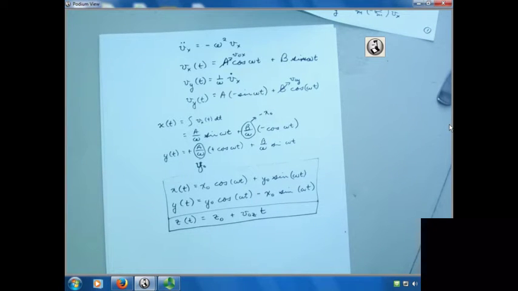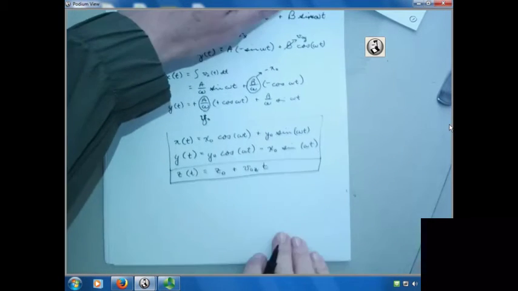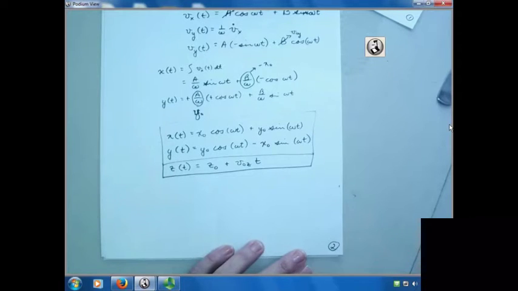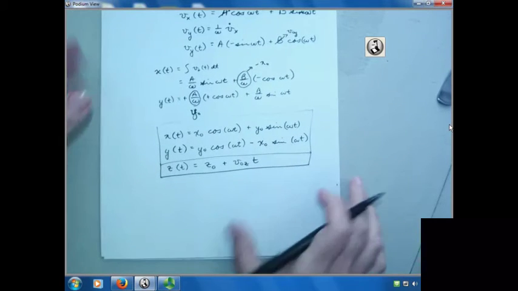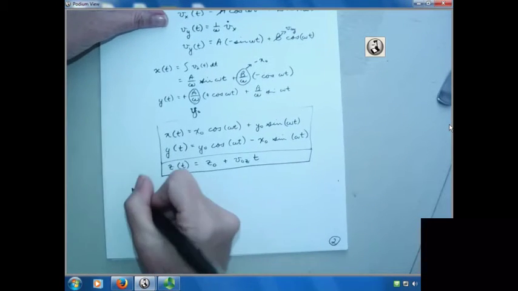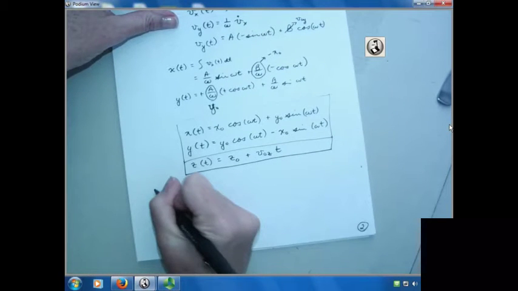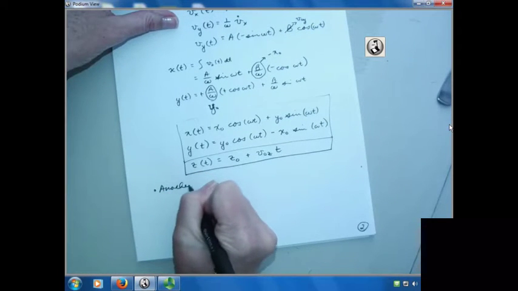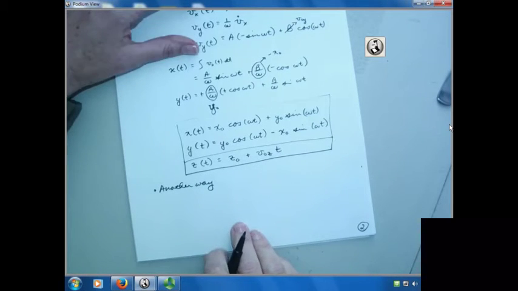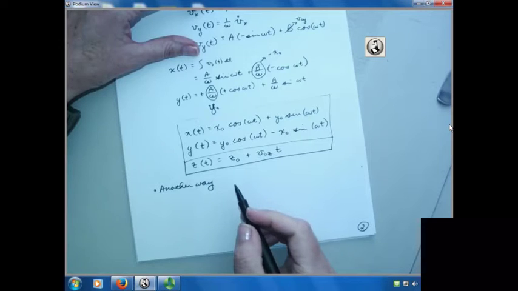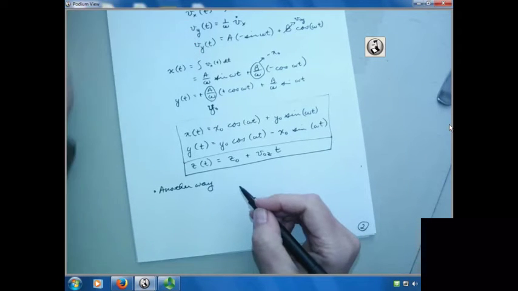All right. So let's move on to what we want to do. Now we're going to do the same problem another way. It's actually a more general way, which is nice. But the other nice thing about this other way is that it's going to use complex numbers.